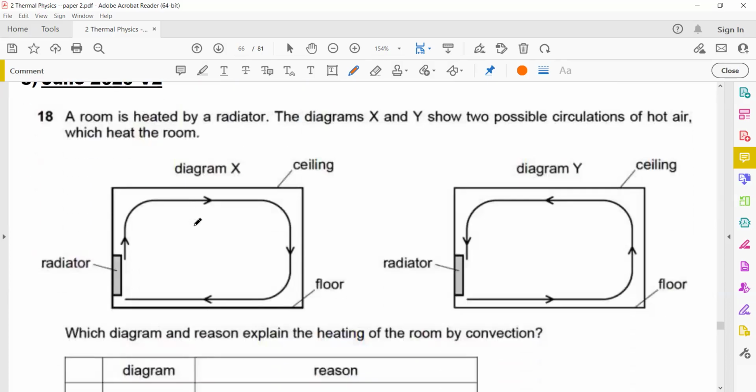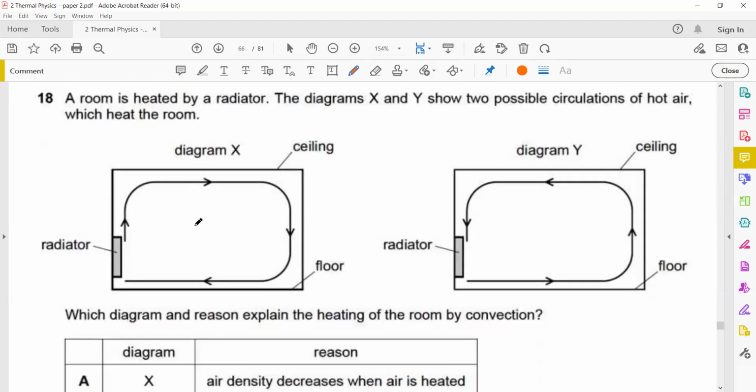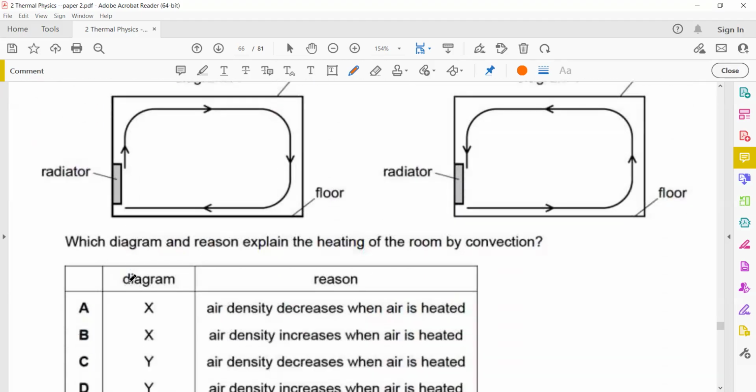In question number 8, a room is heated by a radiator. The diagrams X and Y show two possible circulations of hot air, which heat the room. Which diagram and reason explain the heating of the room by convection? Look at the two diagrams. The air above the radiator has less density, so it will rise.